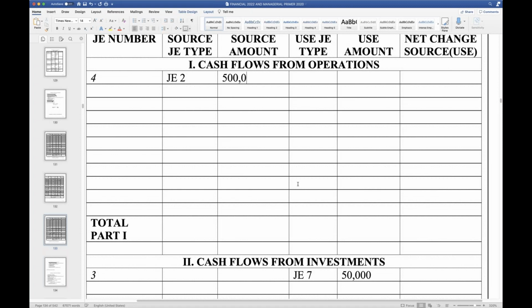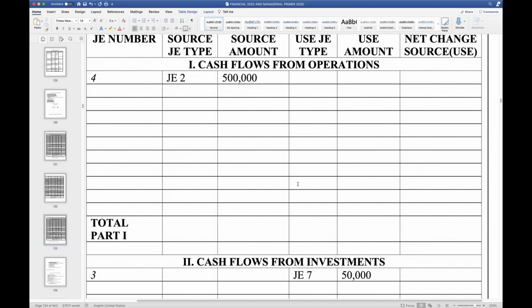Any questions? Yeah, these lines of accounts, like the cash flows from investing and financing and all that, the way they're going in order is based on the journal entry type. So it's always going to be like that.